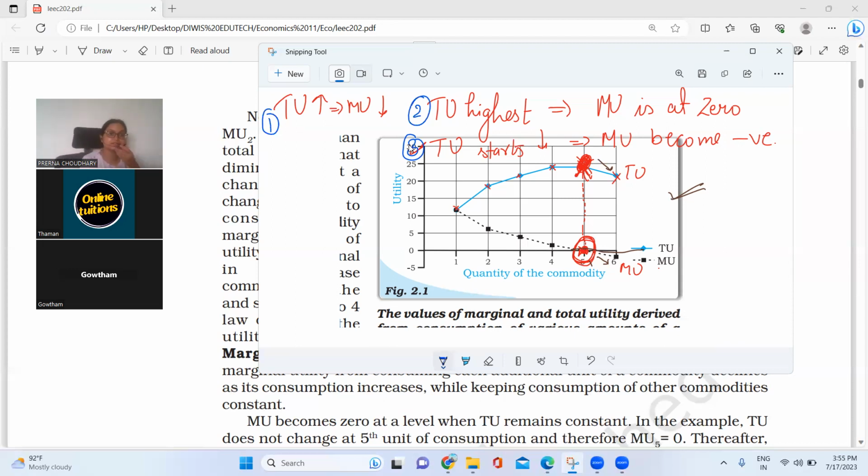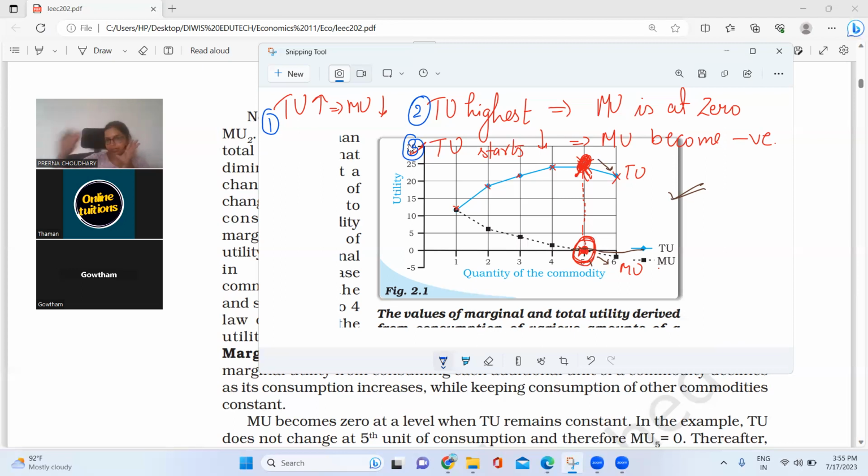Obviously, that will be touching the x-axis. And when total utility is decreasing, MU becomes negative. This is the thing you need to keep in mind. I don't know whether you'll get this in your exam or not, but many a time you need to tell the relation between TU and MU.